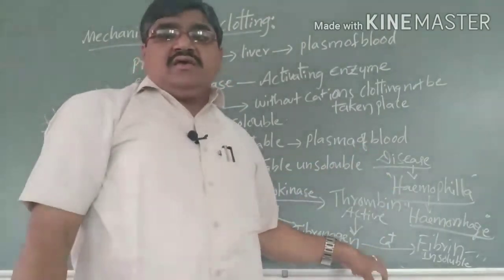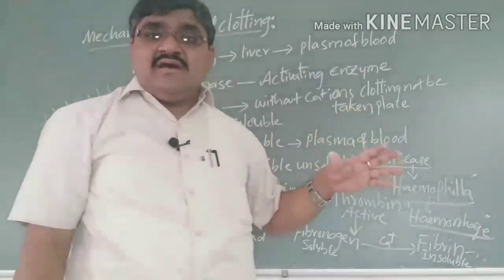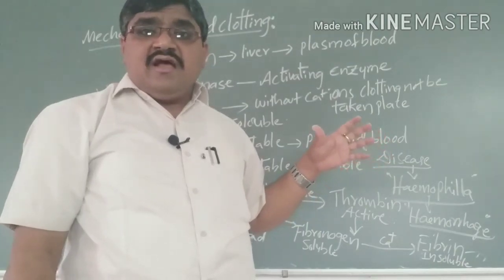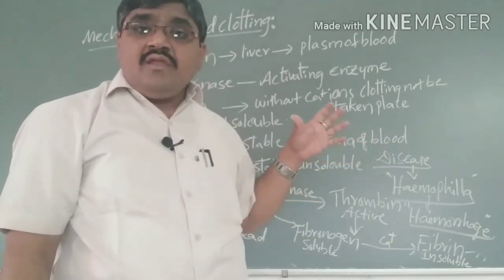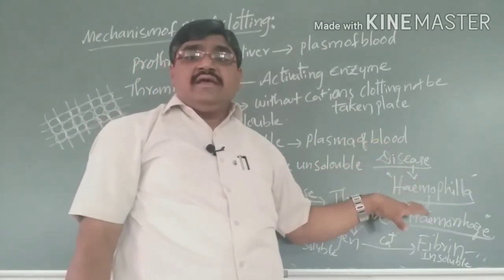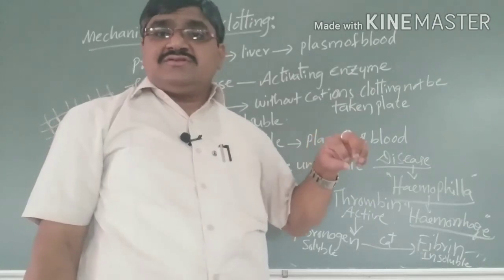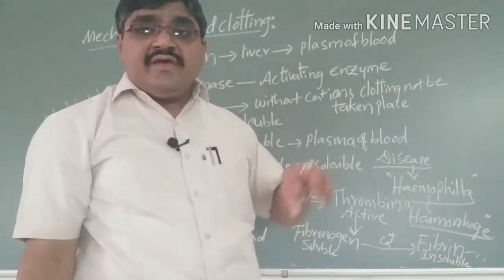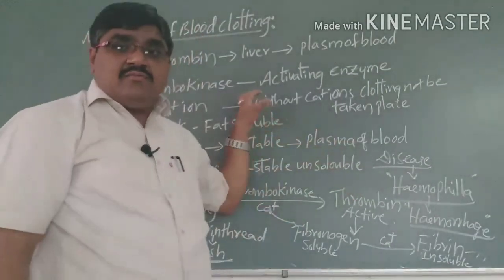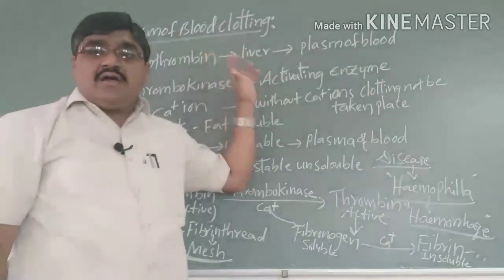So with the help of thrombin, it converts into fibrin threads, which helps in the formation of the blood clot, where in the form of a mesh or network-like structure cells are deposited, helping the clotting of the blood. This is the mechanism of blood clotting.